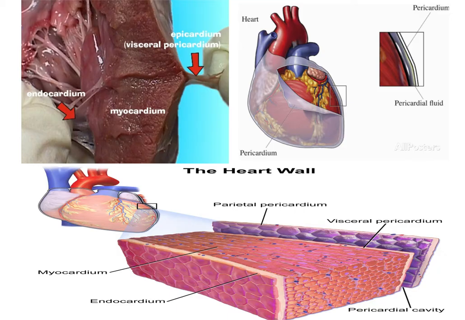All right, here we go. So you can see right here, this is the epicardium, and they pulled it out. See, that's their hand. They're pulling this out. So it's that thin layer right over the muscle. And this is filled with what is called pericardial fluid.